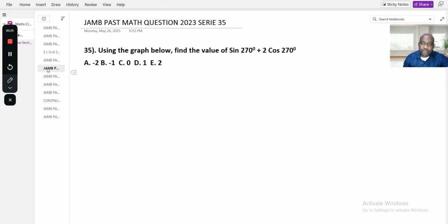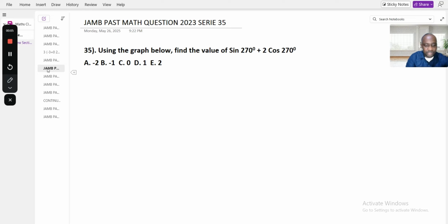Using the graph below, find the value of sine 270 degrees plus 2 cosine 270 degrees. If you don't have the graph, you can use your calculator to calculate this one instead of going through the graph. Let's calculate this one together. Just press, what is sine 270?